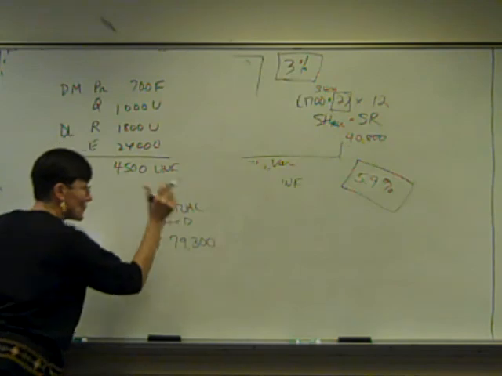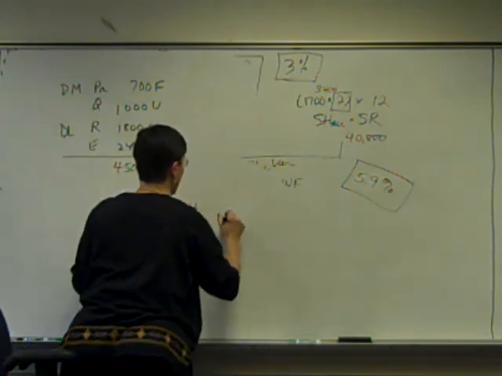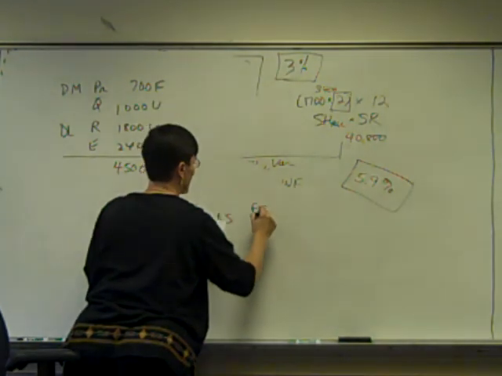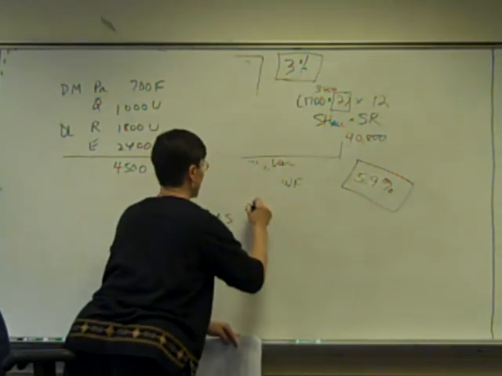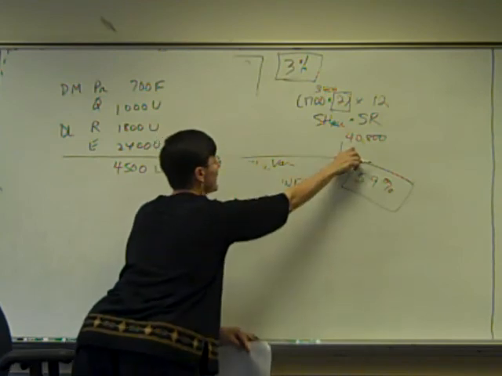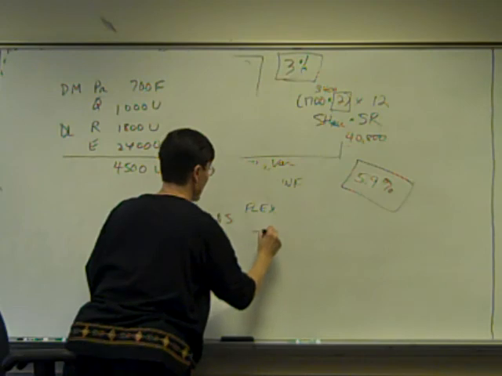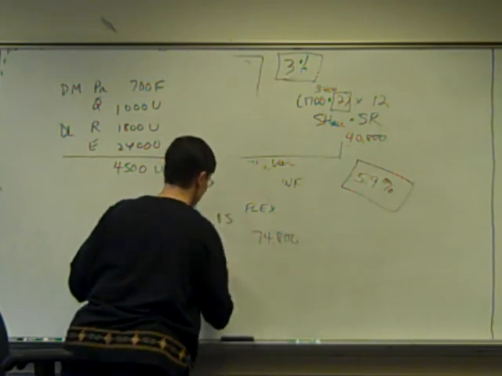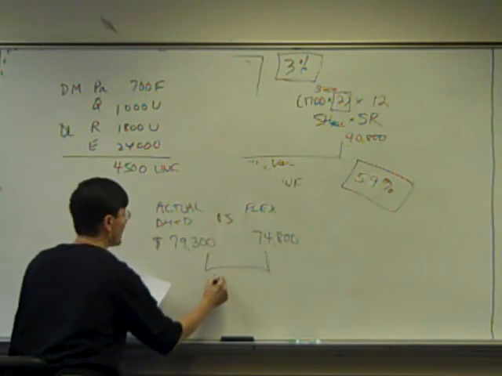If you added those 2 far right anchors, our flex budget, if you added the 2 far other end anchors, are $74,800, and the difference is what?